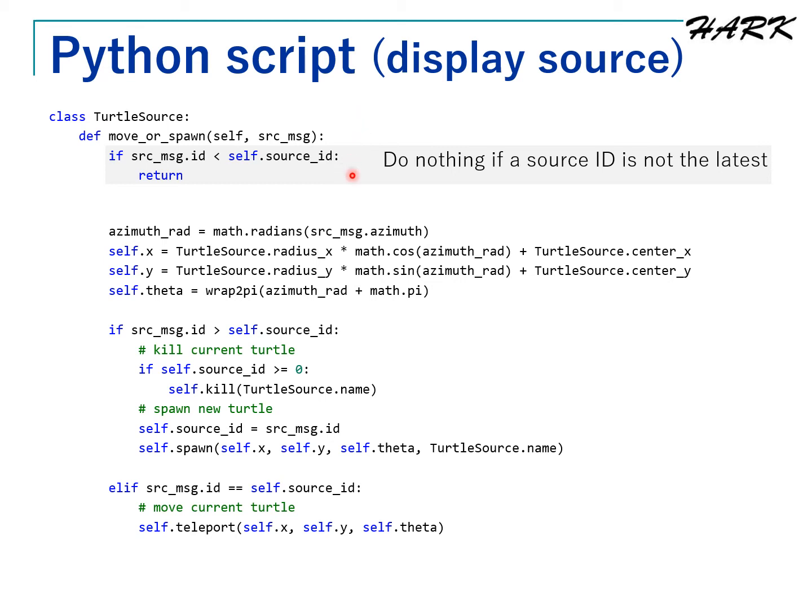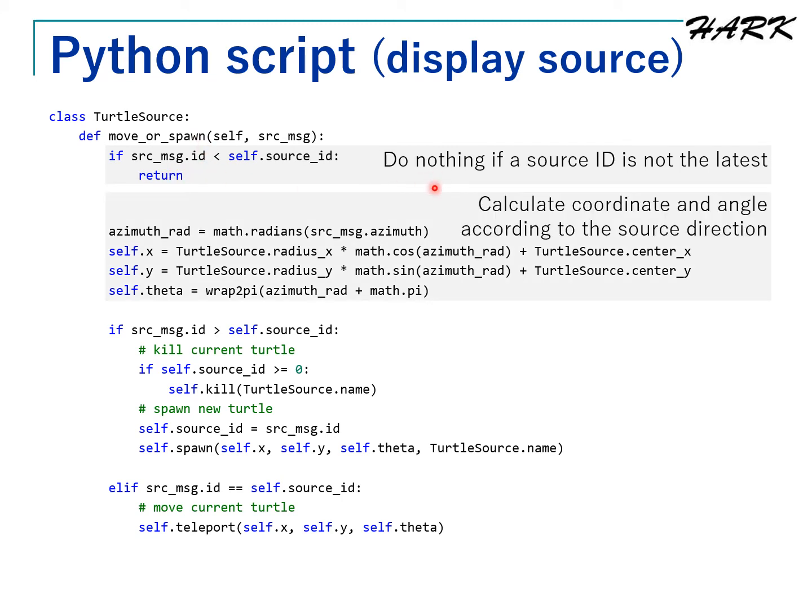The sound source ID assigned by HARK is used in this part. The next block calculates the coordinates and angles of the turtle according to the source direction by using this sine and cosine function and so on.